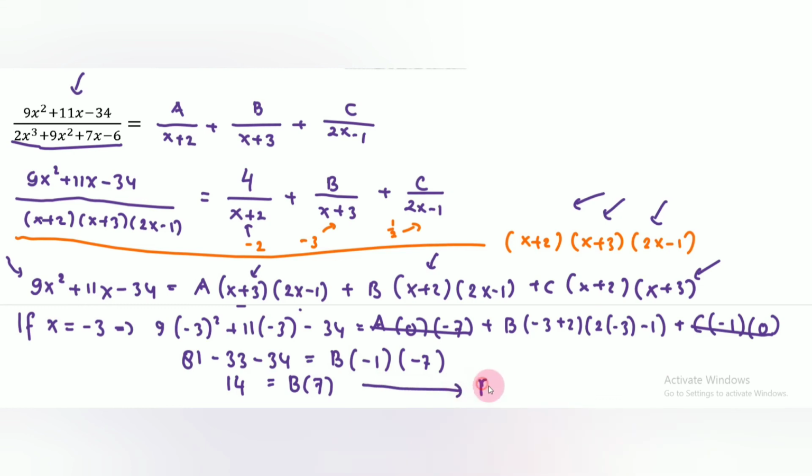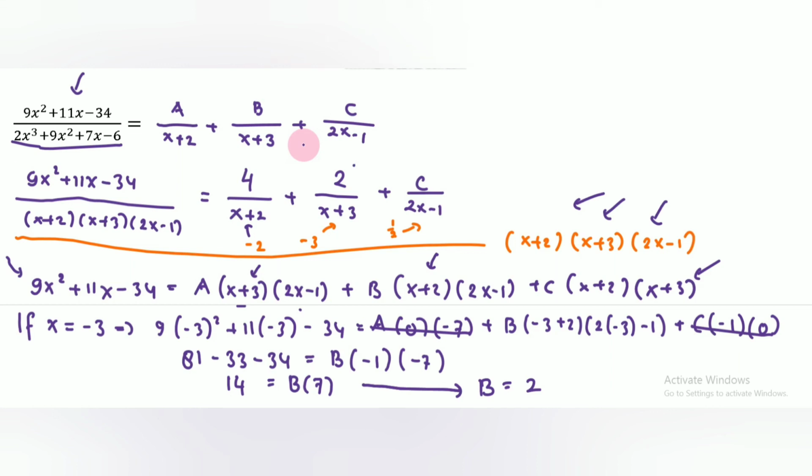Therefore, B will be equal to 2. So we have the second piece of our puzzle, B equals 2. Remember, do not change the order: that 2 cannot be the numerator for 2x minus 1, 2 cannot be the numerator of x plus 2, it has to be the numerator of x plus 3. Okay, we cannot put it randomly.